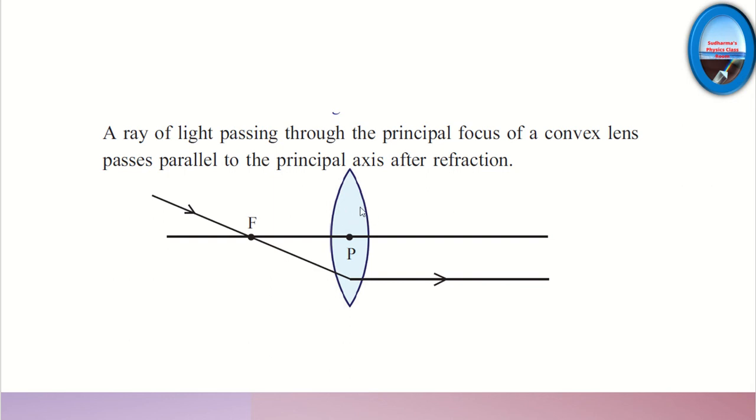We are all set to draw the ray diagrams. So I want each one of you to bring your scale, pencil and erasers. We are going to construct the ray diagrams and find out where the images will be formed.